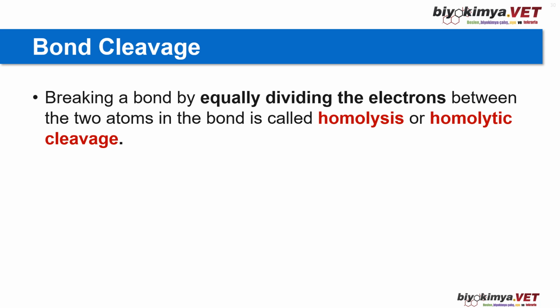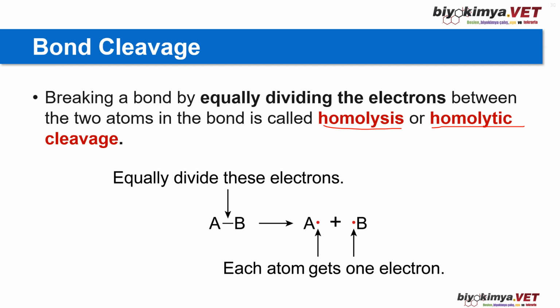Breaking a bond by equally dividing the electrons between the two atoms in the bond is called homolysis or homolytic cleavage. And here you see we have an A-B molecule which undergoes homolytic cleavage, and each electron is equally shared by each atom, or each atom gets one electron.